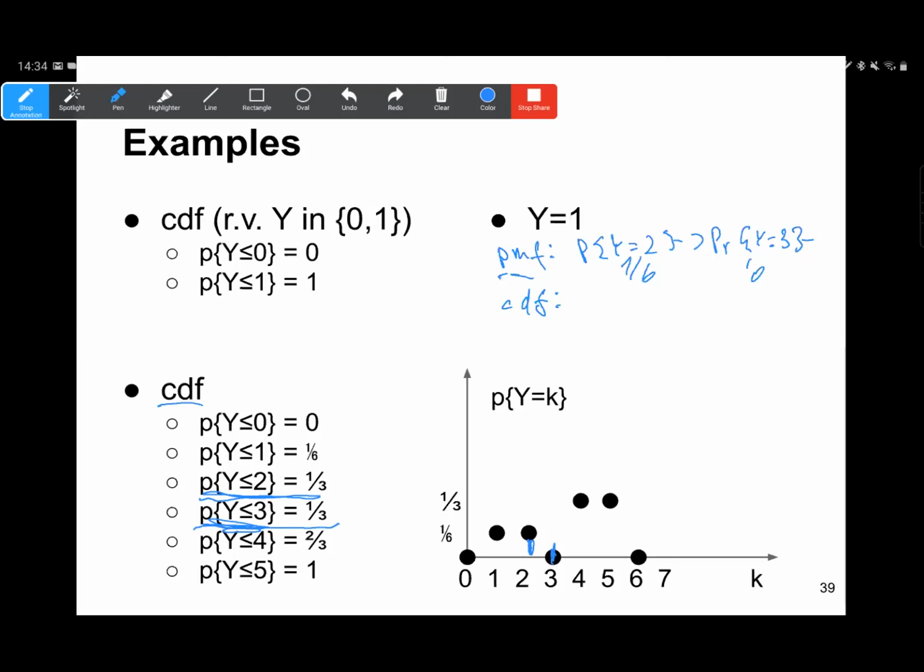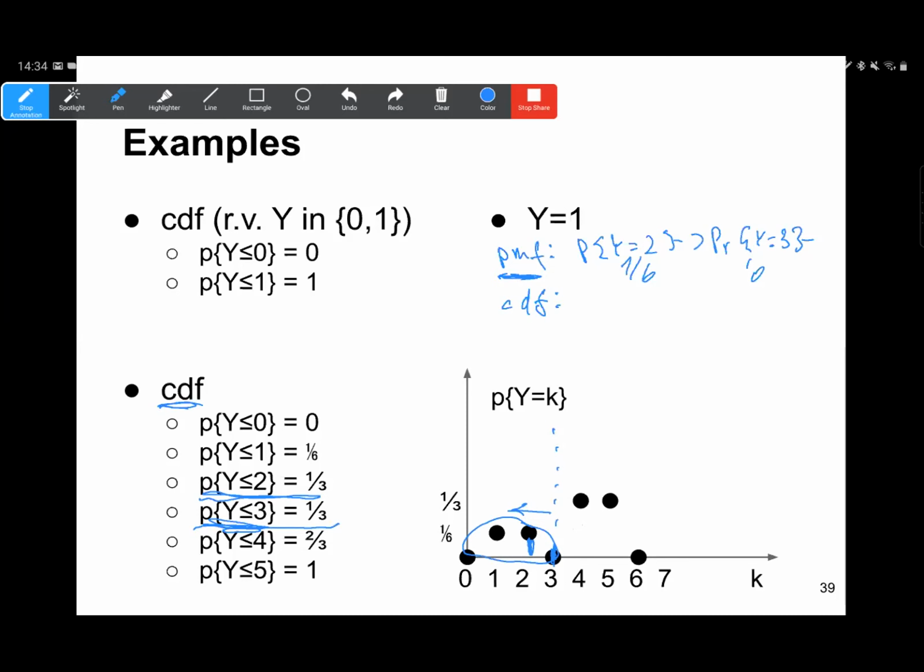So that's the difference between the probability mass function, which shows how much mass, how much probability you have at any point, and the cumulative distribution function, which shows for any value how much probability you have to the left of this line, on all these points up to and including this one.